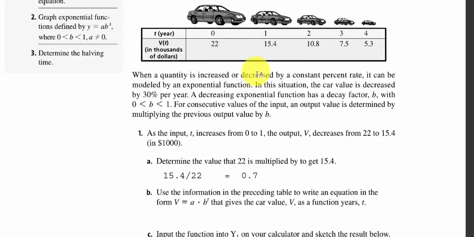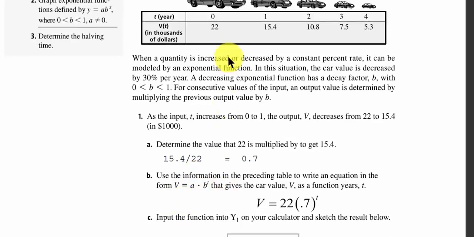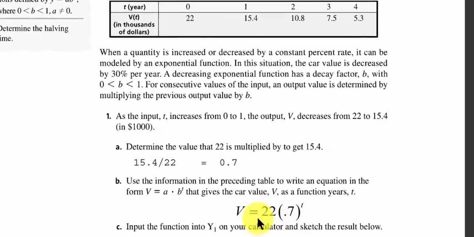If I did 15.4 divided by 22, I ended up with 0.7. So my b is this 0.7. My a is the initial value, which is the 22. So we can write the equation here. After I substitute the 22 in for a and the 0.7 in for b, here's my exponential function.